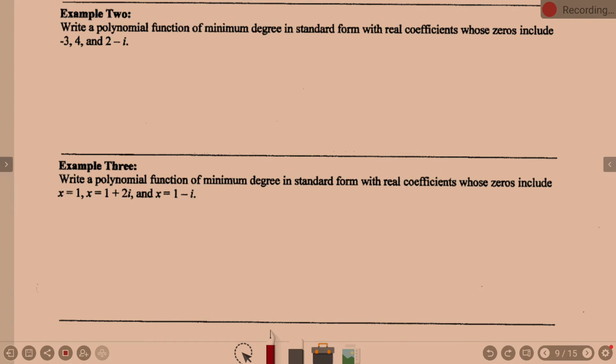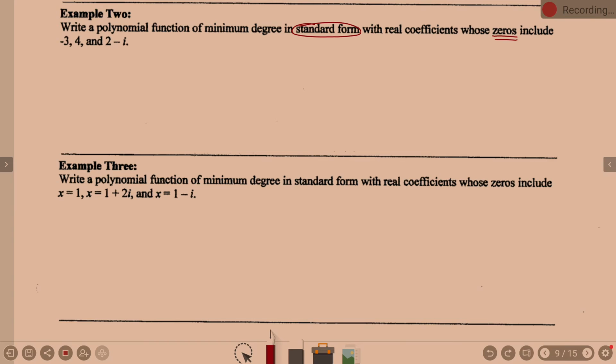Write a polynomial function of minimum degree in standard form with real coefficients whose zeros include -3, 4, and 2 minus i. We technically did this in 2.4. We actually did it in 2.3 also. We're just getting more complicated now in 2.5.